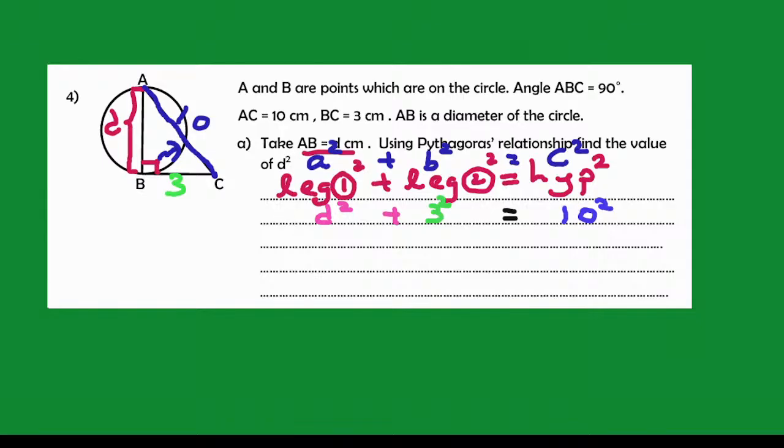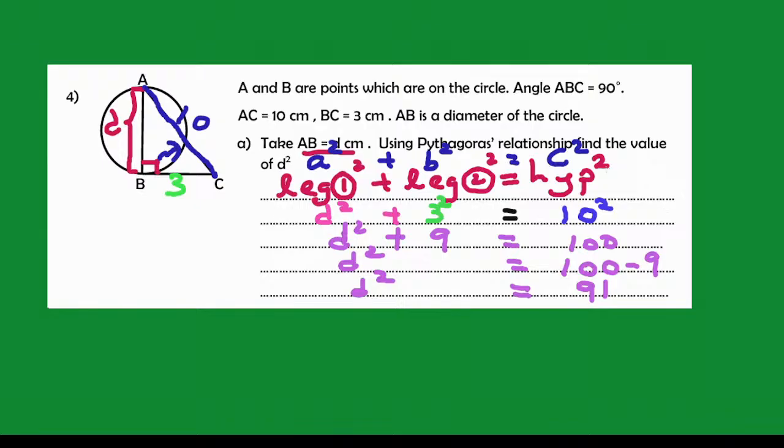So d squared plus 9 is equal to 100. So d squared equals 100 minus 9. D squared equals 91.